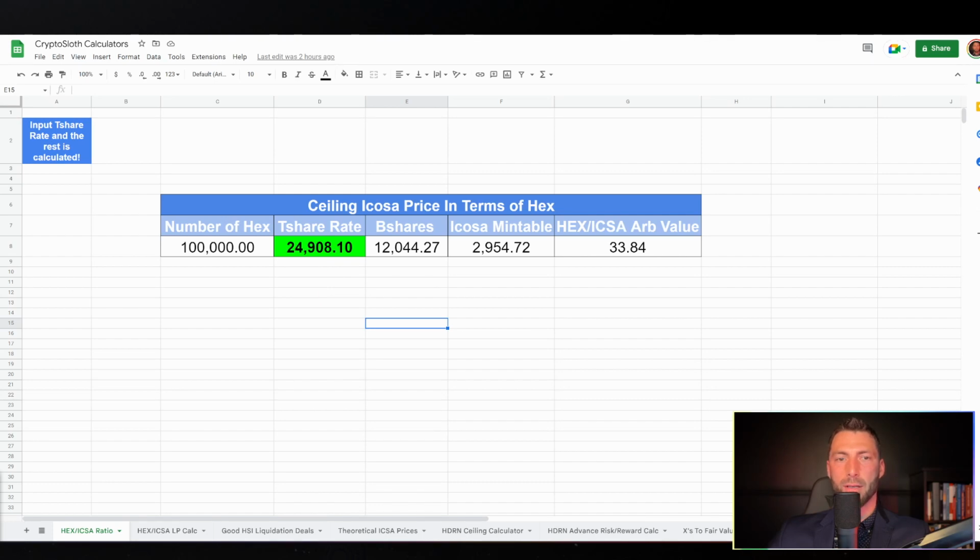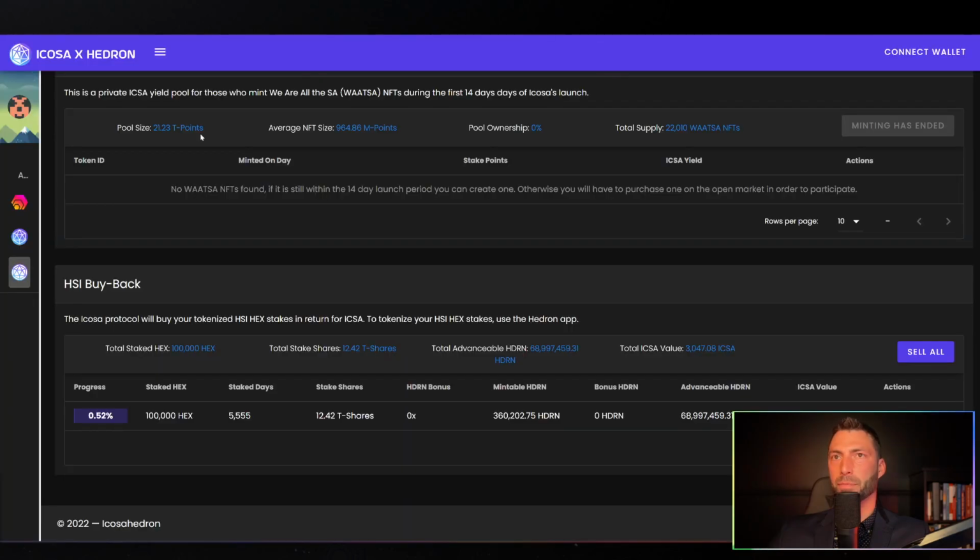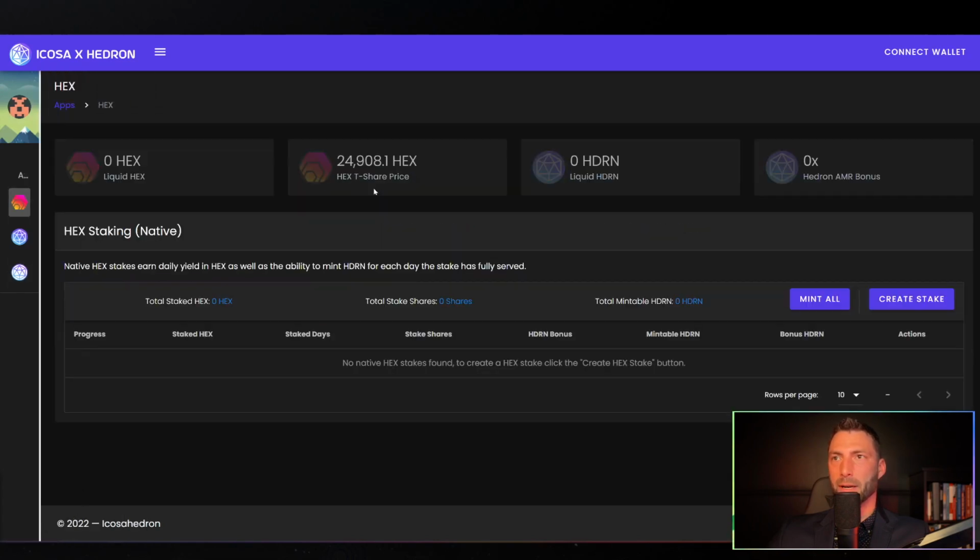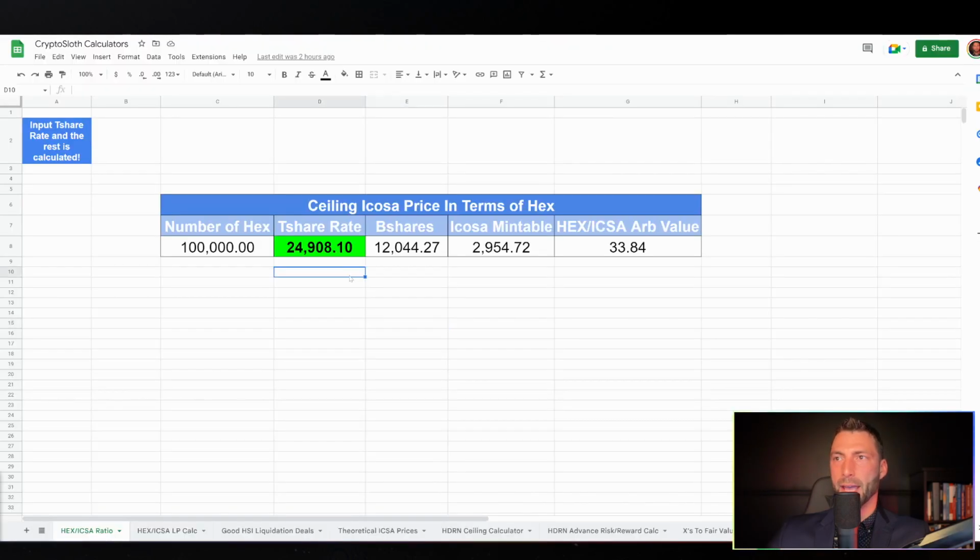You can get the T-share rate from, if you go to the hex tab here, you can get it right here. So you can just copy that and paste it in, and that will make sure that your calculations are right. And what you're looking for is the hex to Icosa ARB value. So right now it's saying with our current T-share rate, the ARB value is 33.84.